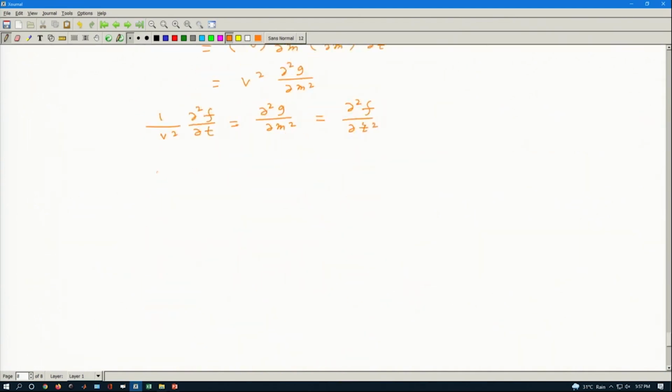So, we can conclude that g(m), which is equal to g(z minus vt), this form, is a solution of the wave equation.